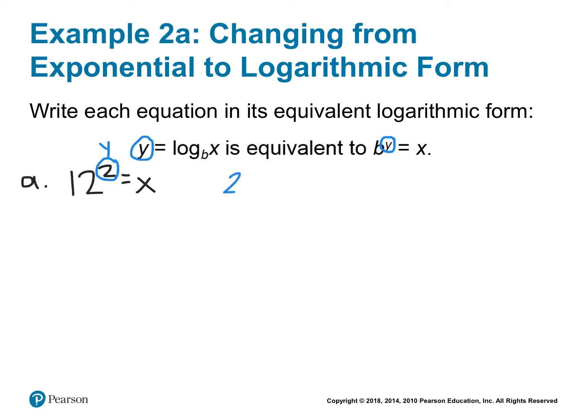So we're going to have 2 equals, then we have the log. The b is the base, which is right here, so that's going to go down by the log.